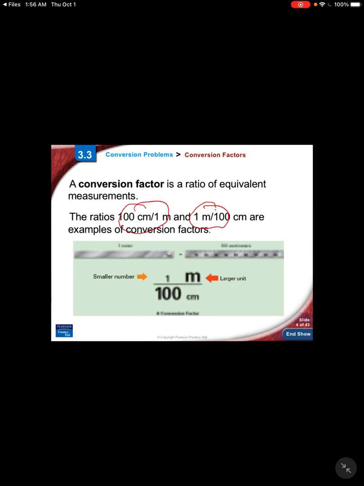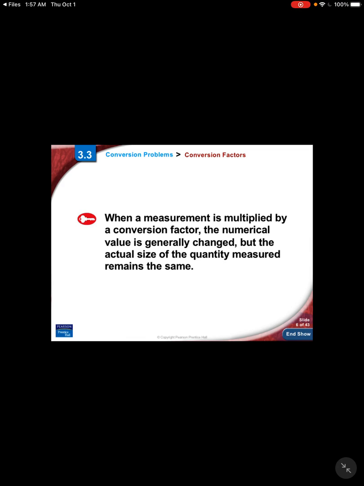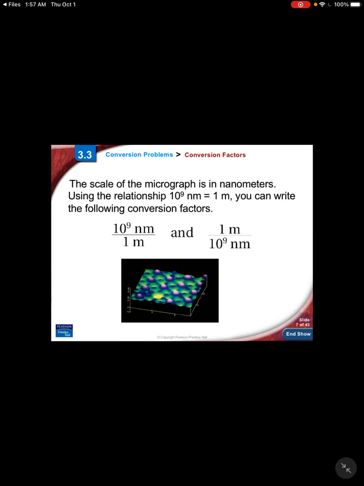And the larger number, 100, is associated with the smaller unit, centimeters being much smaller than meters. So, one of the things in setting up these problems is selecting the proper conversion factor so that when you multiply it, you end up with the units that you want. And of course, since you're multiplying by 1, the actual size of your quantity measured does not change.